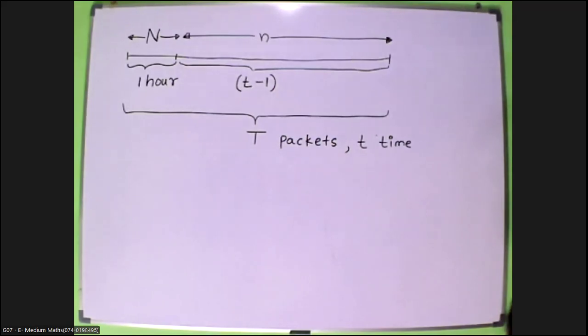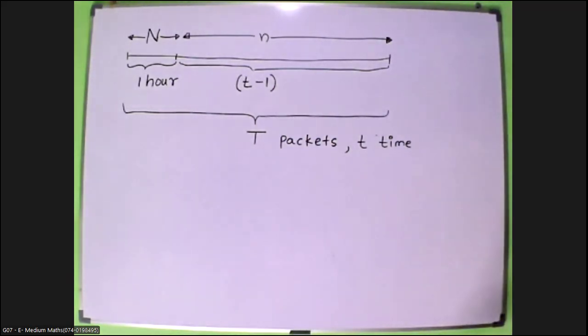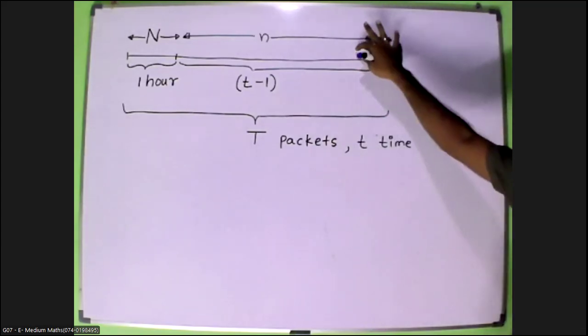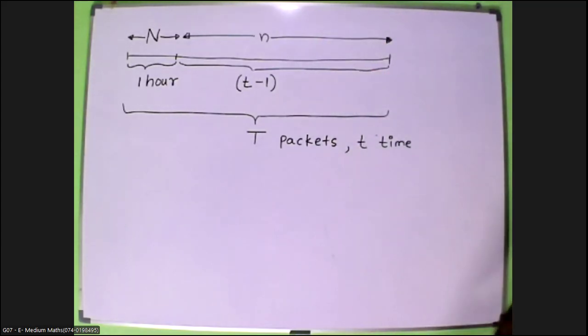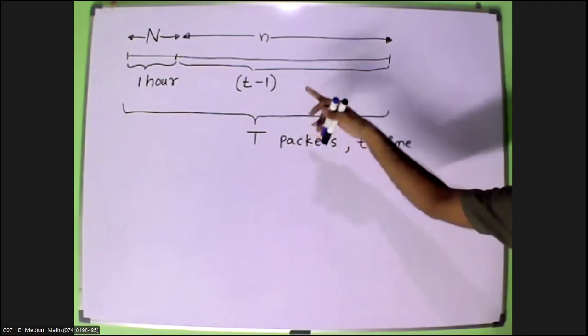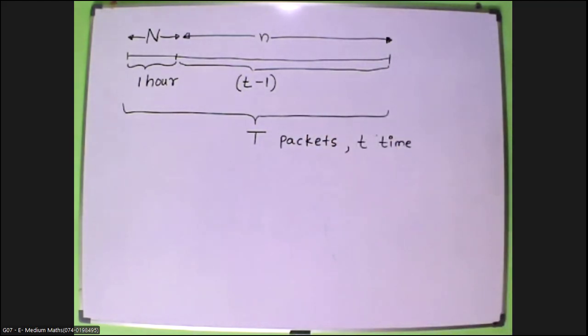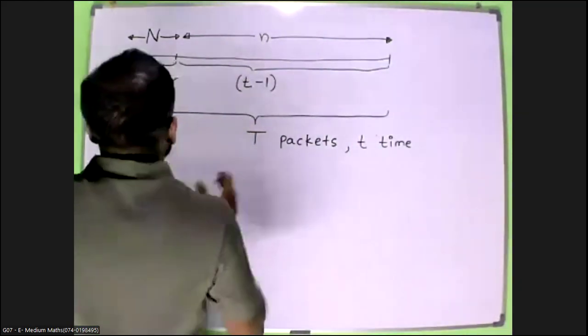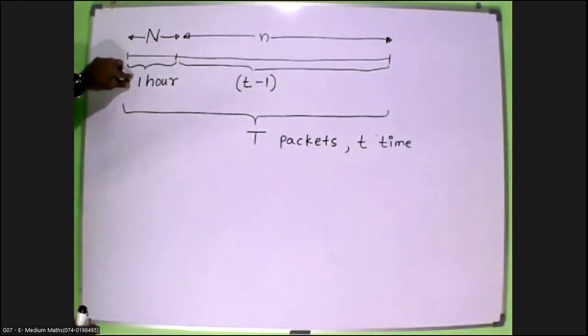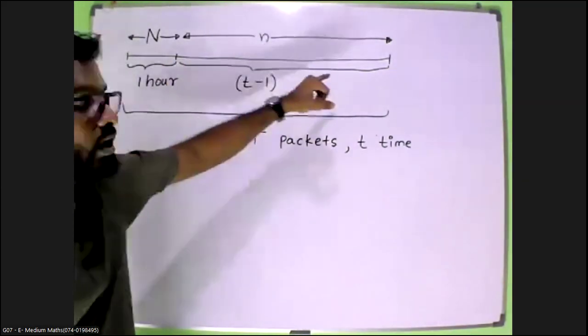Right. Okay. So now they are asking from us: construct the formula for capital T, the total number of packets in terms of small n, capital N, and small t. So let's do that. In the first hour, they are producing capital N packets, and these are the rest of the hours.